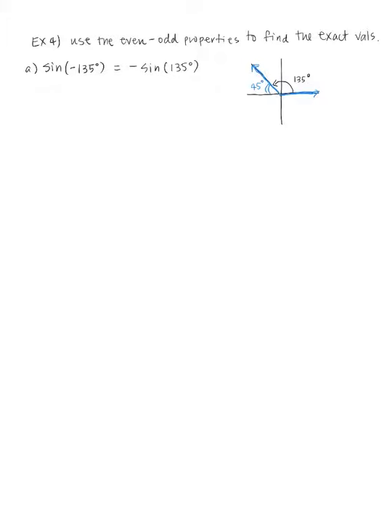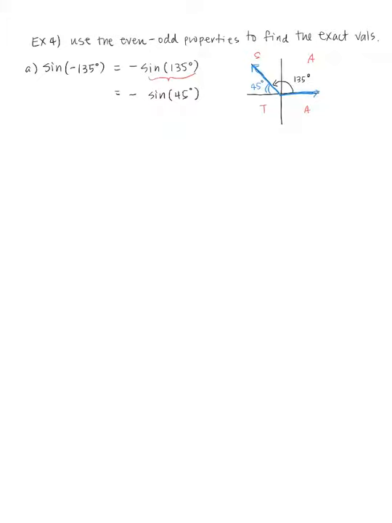Now let's do the positive quadrant business. All students take calculus, and since the angle lies in quadrant 2, sine is going to be positive in there. So sine of 135 degrees is the same thing as, by using the reference angle theorem, sine of 45 degrees, and with the negative in front, negative sine of 45 degrees.